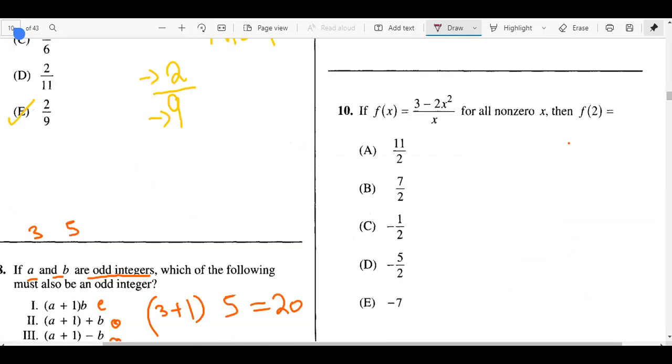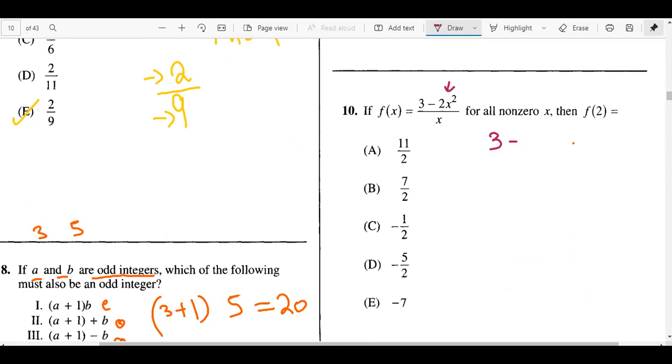This is the 10th question. If f of x is 3 minus 2x squared over x for all non-zero x, what is f of 2? This is very simple. You simply need to plug in 2 instead of x. So that would be 3 minus 2 into 2 squared divided by 2.